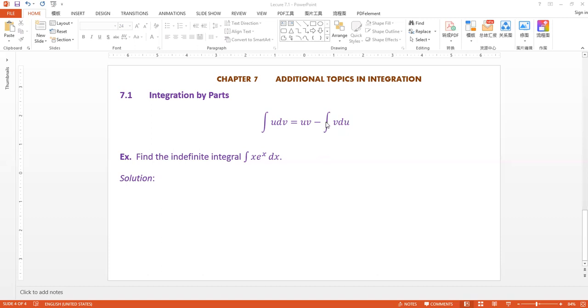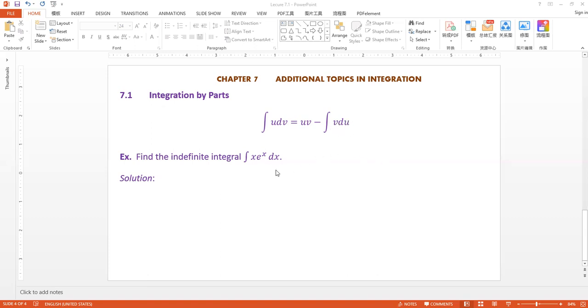In the second integral, we have function v and the differential of u, which is the derivative of u times dx, based on the definition. So what's the point? If you want to integrate u dv and you don't know how to do it, then you might get it done by integrating by parts, if you rewrite it as uv minus the integral of v du.